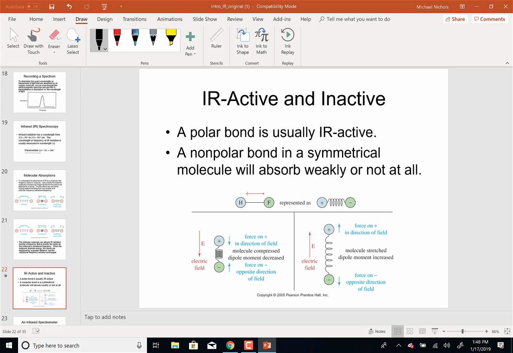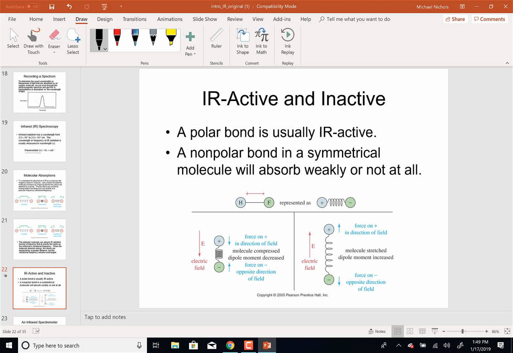The only caveat to this is that for a molecule to absorb infrared radiation, it has to be polar.